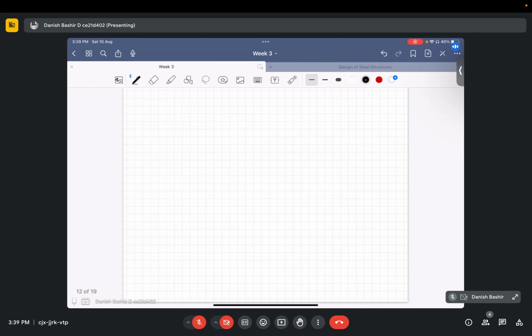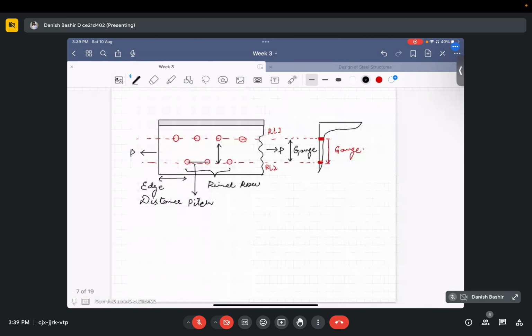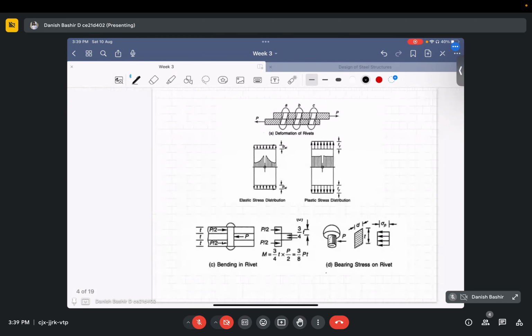Similarly, what we did in shear, we have to do here. The strength of one rivet in bearing is actually the projected area multiplied by the permissible bearing stress of the rivet. I showed you the projected area in bearing stress.